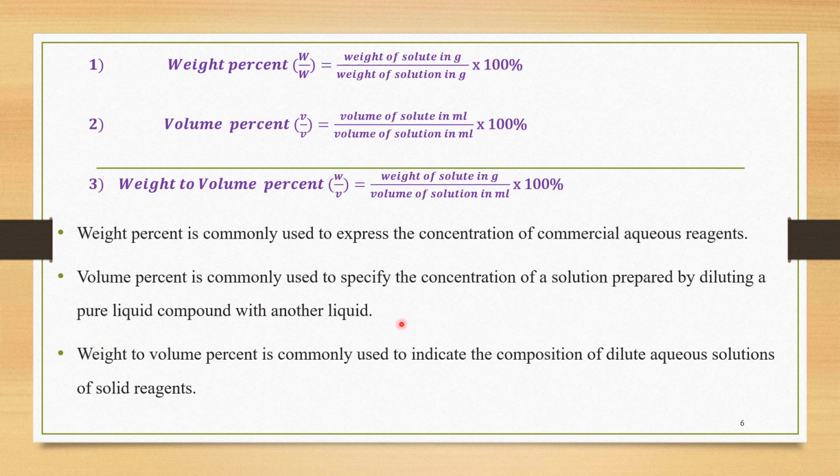So if we dilute a pure liquid, for this purpose we use the volume percent method. The third one, weight to volume percent, is commonly used to indicate the composition of dilute aqueous solutions of solid reagents. So in this case we use the weight to volume percent method.